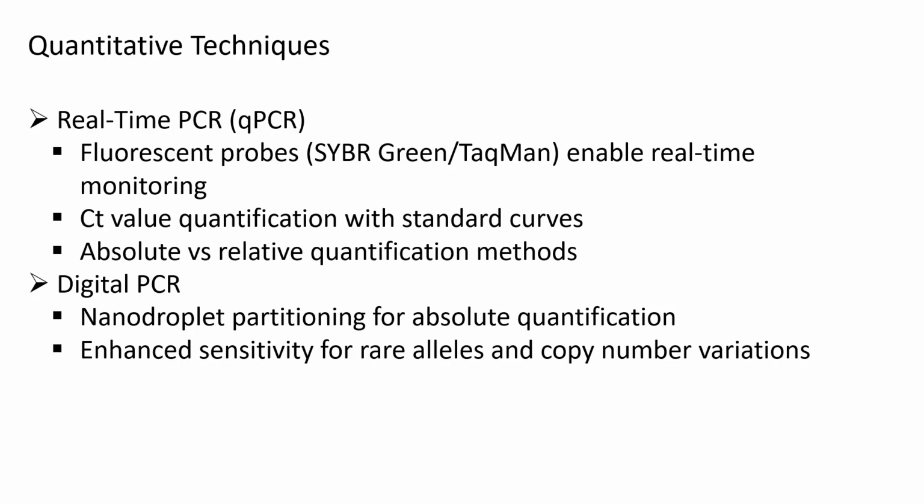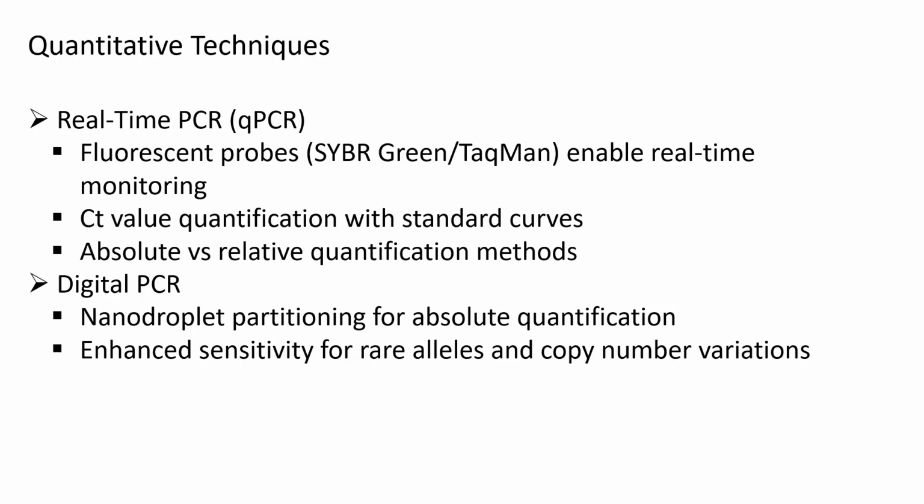So you will need a calibration curve to see how much fluorescence is produced corresponding to what copy number of the nucleic acid. You have CT value quantification with standard curves usually, and absolute versus relative quantification methods. And then you have digital PCR, which is coming up a lot in the current time.